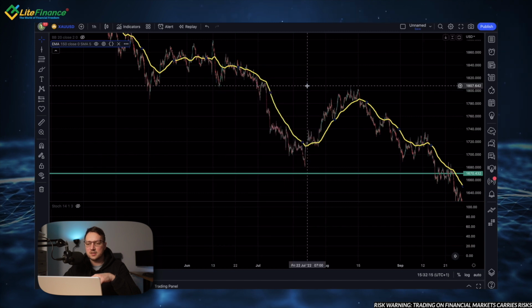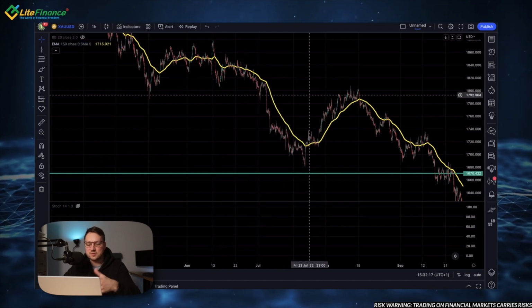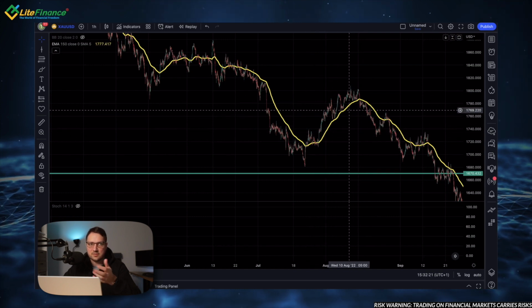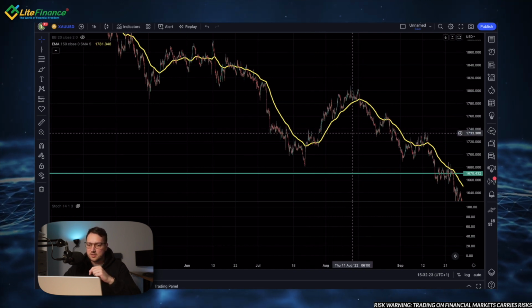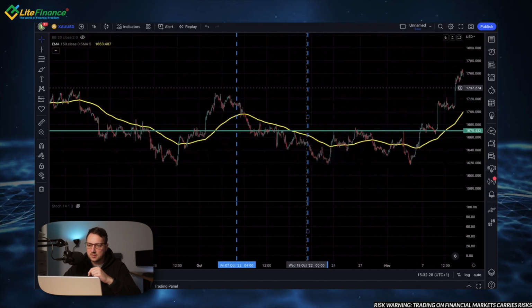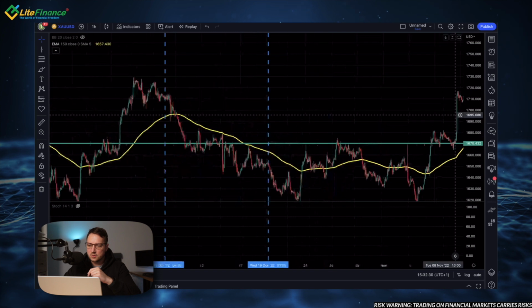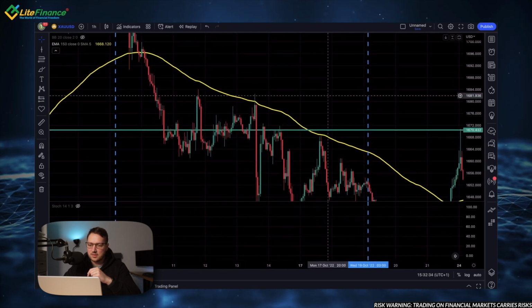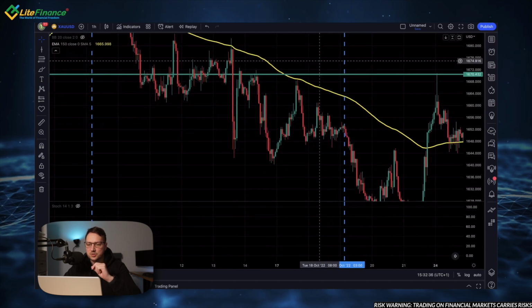So basically it analyzes the last 150 periods, and based on that, it determines its level, right? Its direction of movement. So let's go to the period that I have prepared here. So that's the first thing, the exponential moving average.